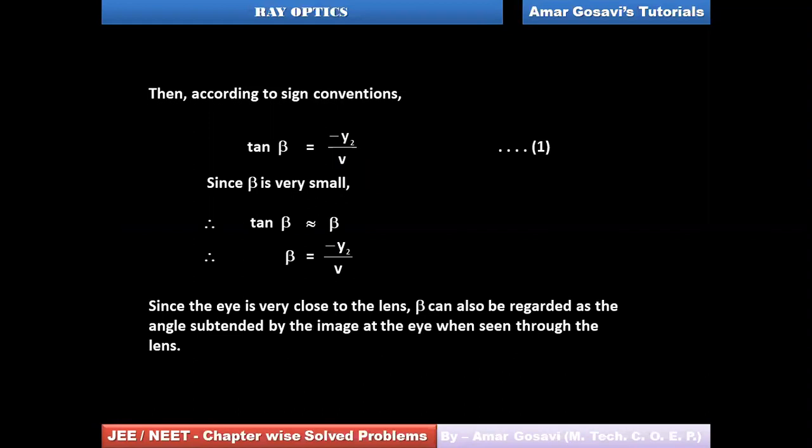The eye is very close to the lens, so you can consider beta as the angle subtended by the image at the eye. Observe the diagram carefully, friends. Please make a note of this, and then we will play with the two equations, alpha and beta, to get our equation. Once you are done with it, please let me know.